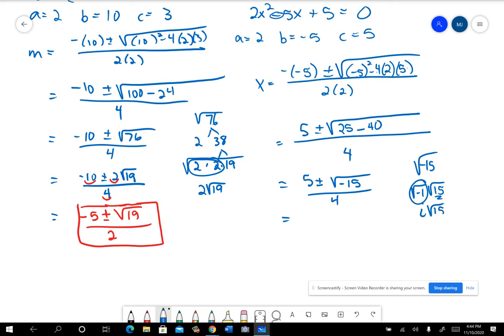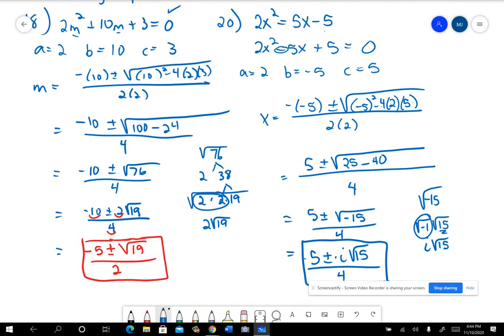So there's not a whole lot I can do there. So my final answer will just be to bring the i out. Nothing goes into all 3 spots. This is my final answer on number 20. Okay. So there's 2 where I used the quadratic formula.